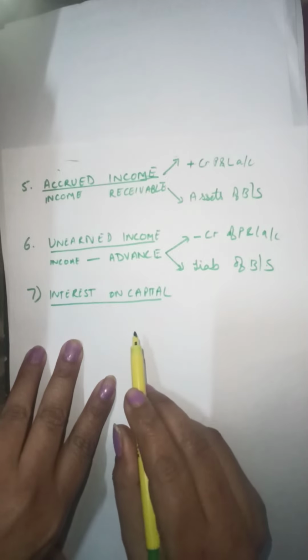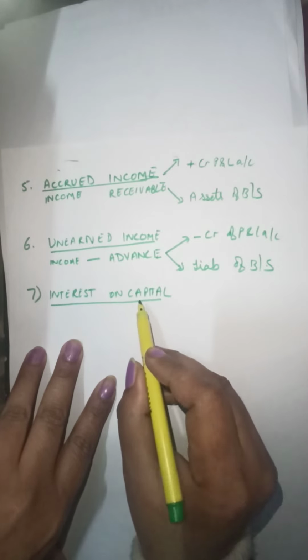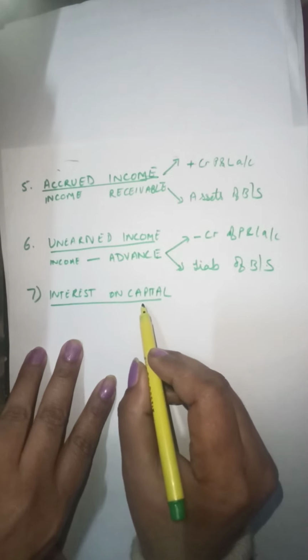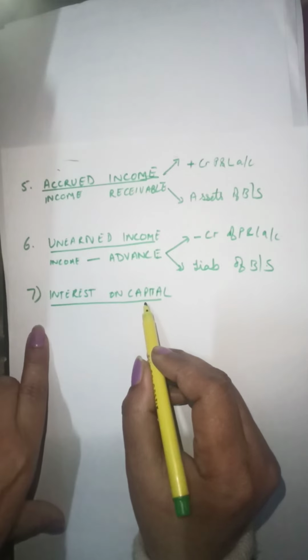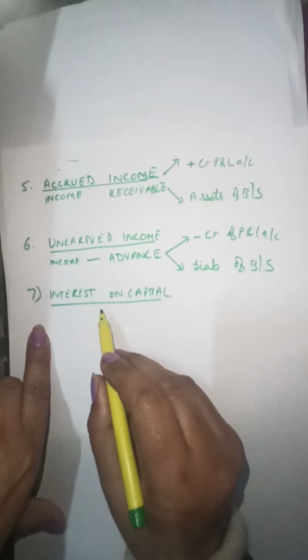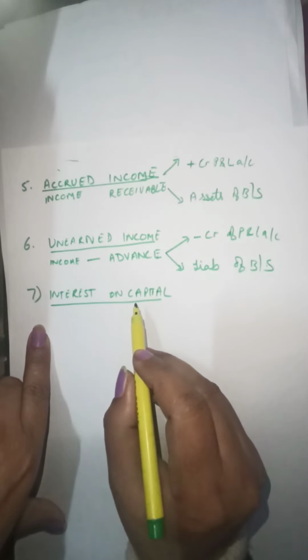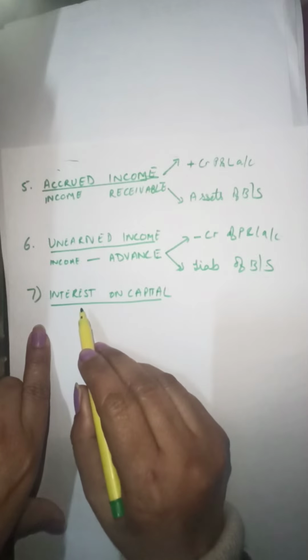The capital that has been advanced in the business, the capital with which the business is being run, has been given as a loan to the business by the businessman, with which the businessman is earning money.